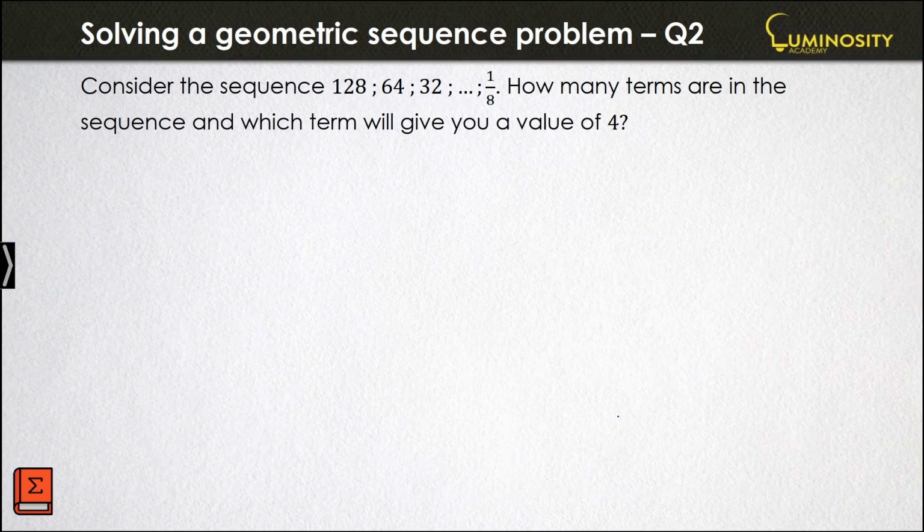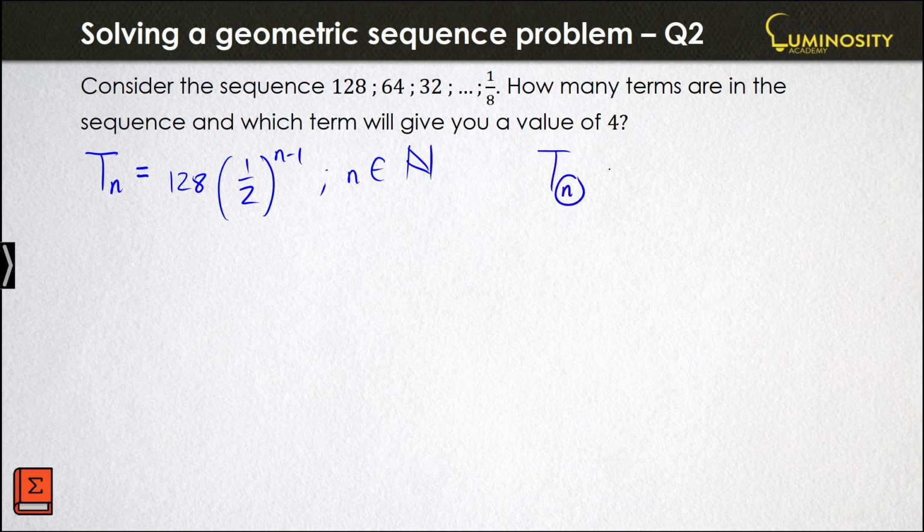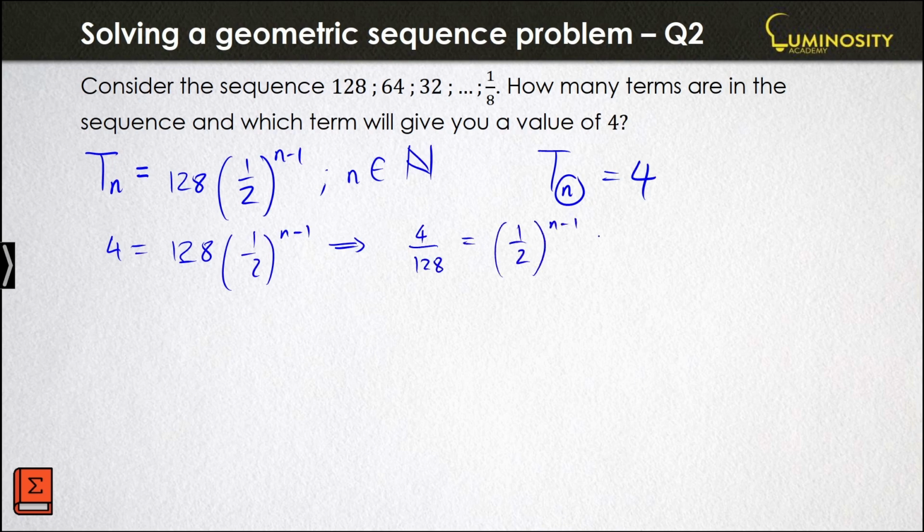So T sub n, as we recall, was 128 times a half to the power n minus 1, where n is a natural number. And we want to find which n value gives you a value of 4. So 4 equals 128 times a half to the n minus 1. Divide both sides by 128, so you get 4 over 128 equals a half to the n minus 1.